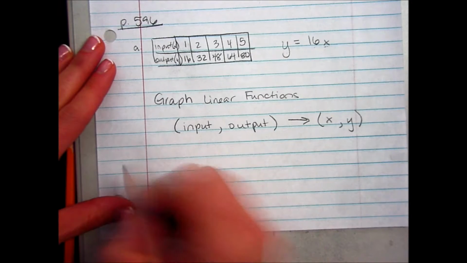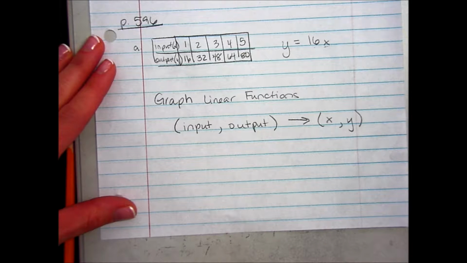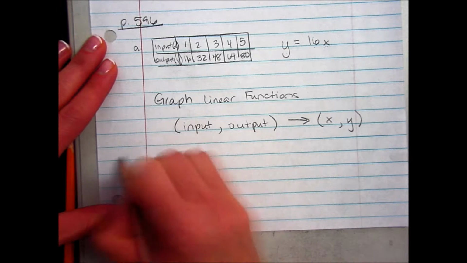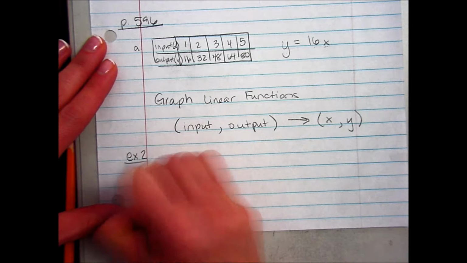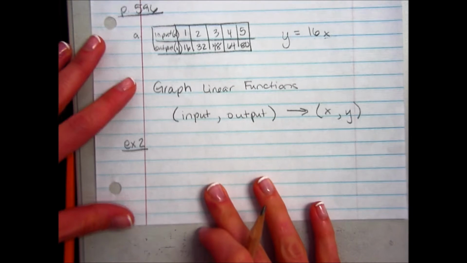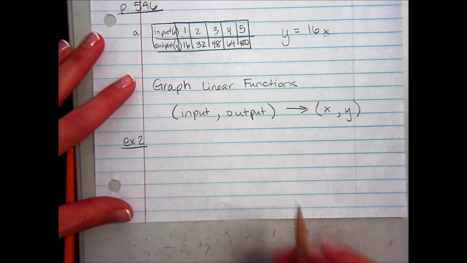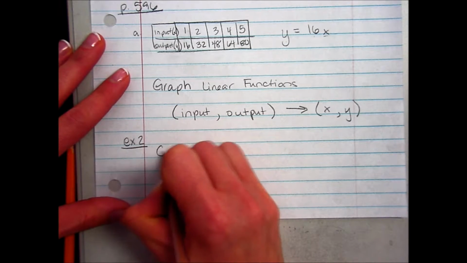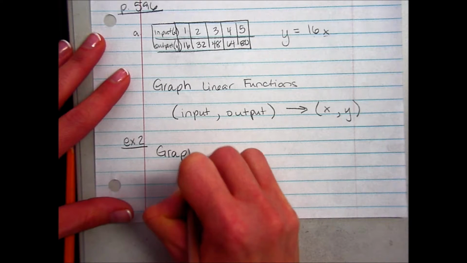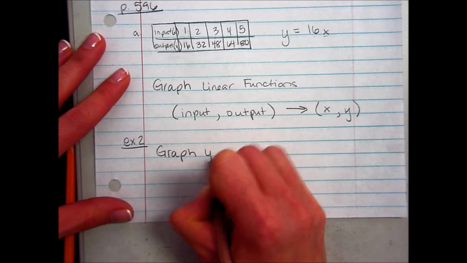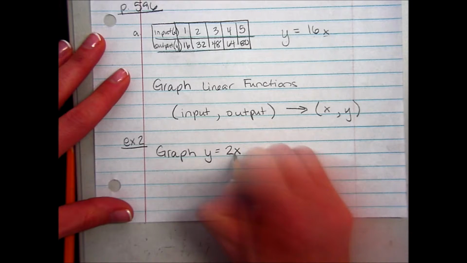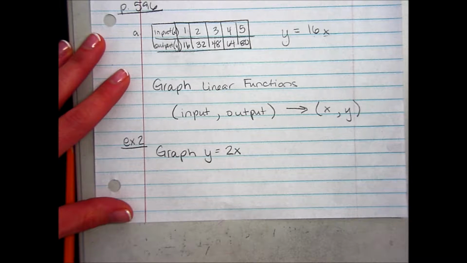Actually, I'm sorry, they don't give us a table. You can see your table, but these problems will not give you the table. You're going to have to create it yourself. So let's rework through example 2 so we have multiple examples. Your directions will look just like this. Graph Y equals 2X.